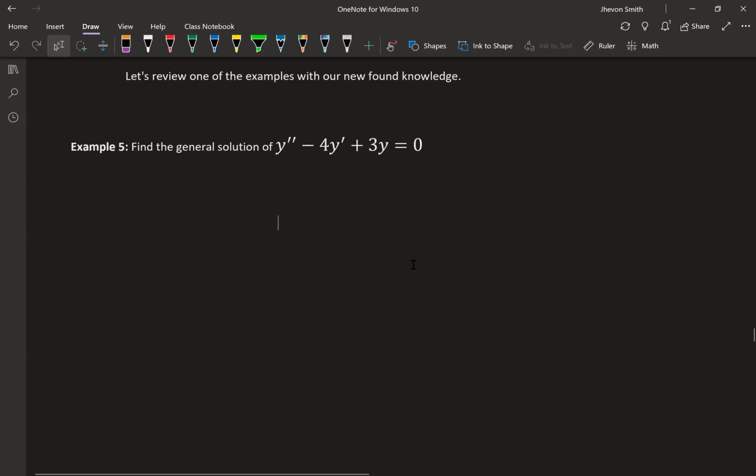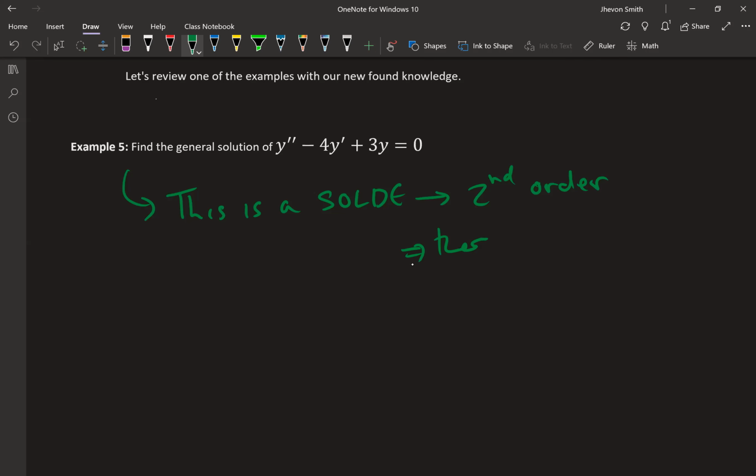So first of all, I would notice this is a second-order ODE. This means there are two fundamental solutions, right? So just by looking at this, I don't even know what the solutions are right now, but I know there are two of them.